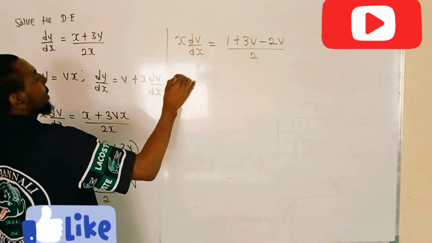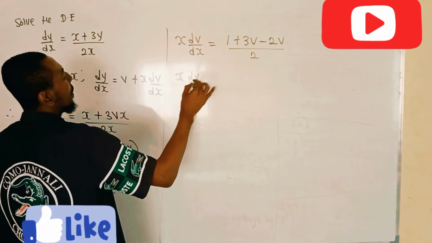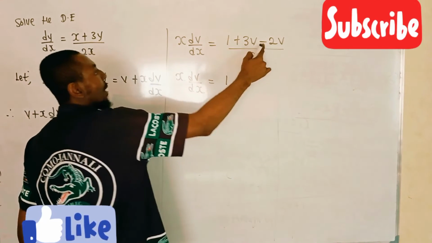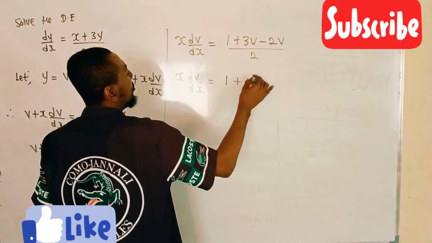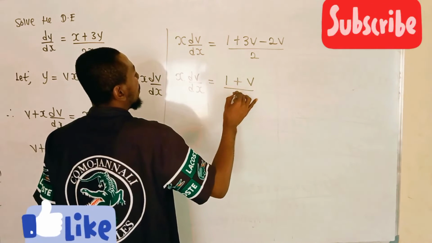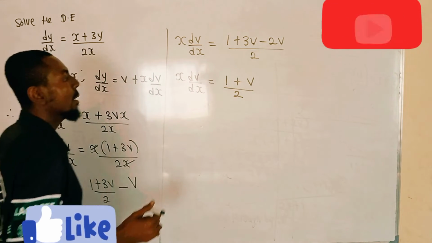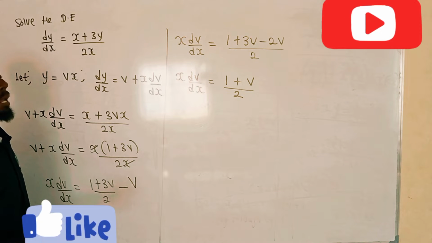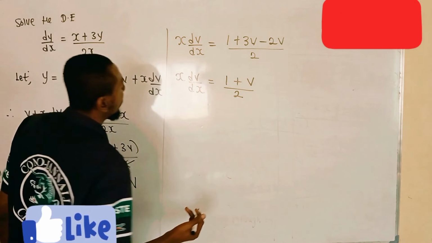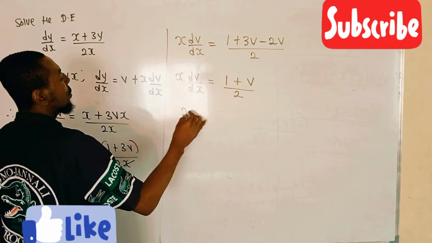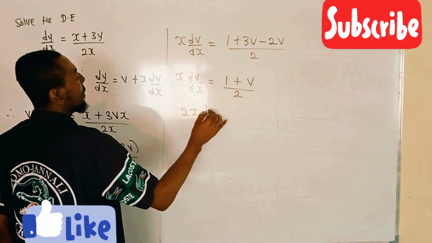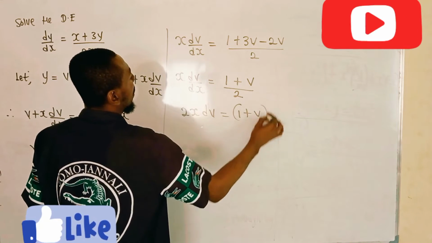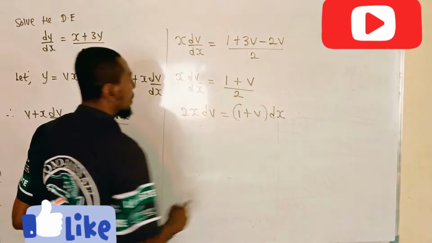So this is x dv over dx is equal to 1 plus 3v minus 2v, which is actually 1 plus v, all over 2. Okay? So we can quickly cross multiply. We have 2x dv is equal to 1 plus v dx.